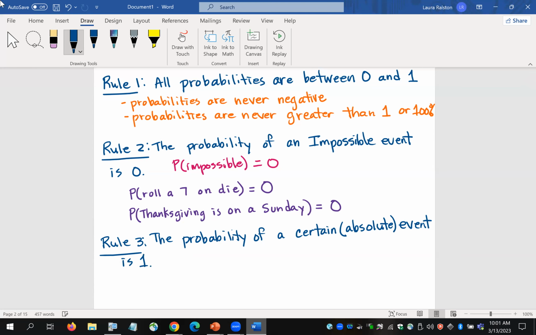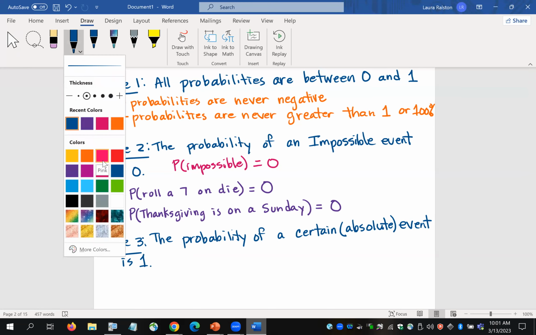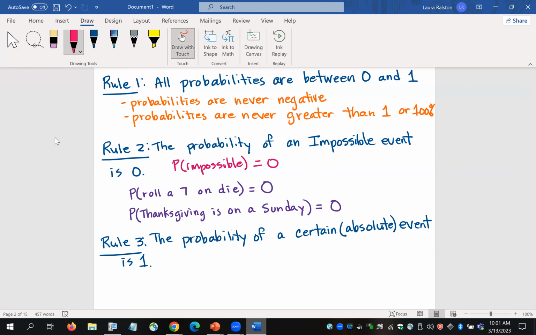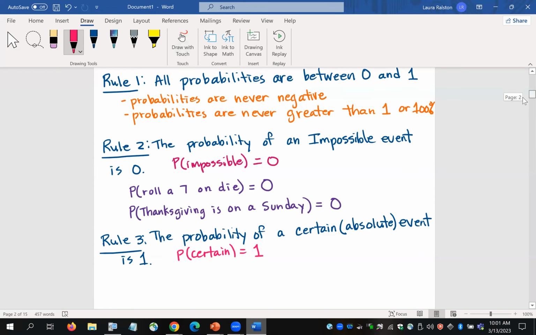This is the other extreme. The probability that the event is certain to happen regardless of what you do is 1. So the probability of a certain event is 1, meaning regardless of what you do, that particular event is going to occur.